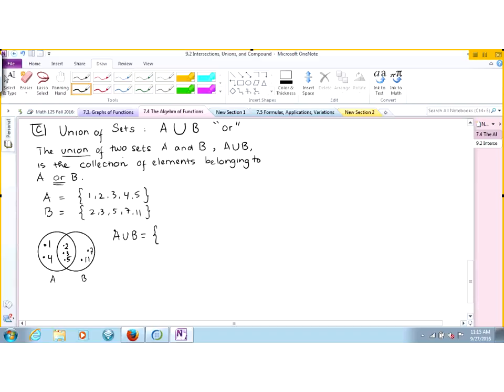Yes. Does 3 belong to A? Yes. So they're in the set. So this is 1, 2, 3, 4, 5, 7, 11. So that is A union B. They belong either to A or B or both. So the union is everything here.